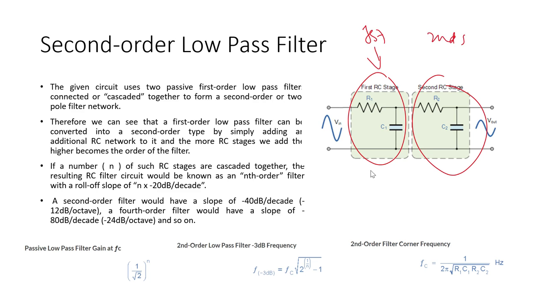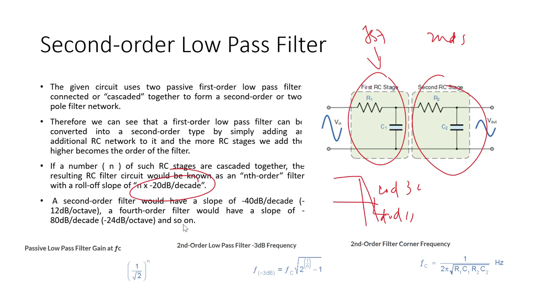If we had a 20 dB per decade loss by the previous filter, now we will have 40 dB per decade loss in the signal after cutoff frequency. This is termed by this equation: the number of series filters multiplied by 20 dB will be our combined loss or gain. There is more than one RC network, so it is known as the nth order, and here n is equal to 2, giving us a second order low pass filter.